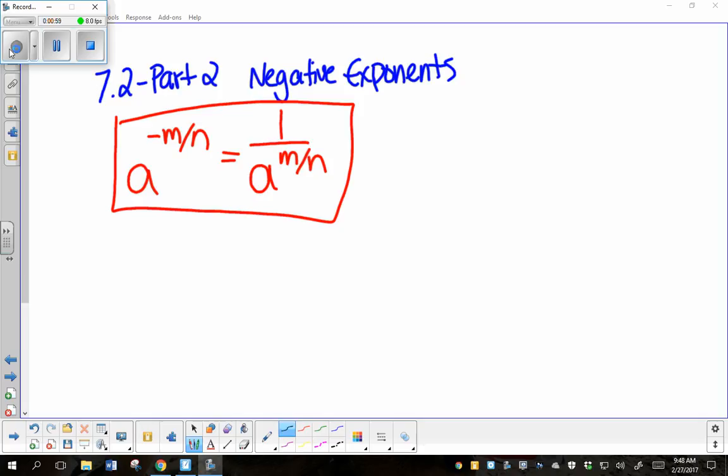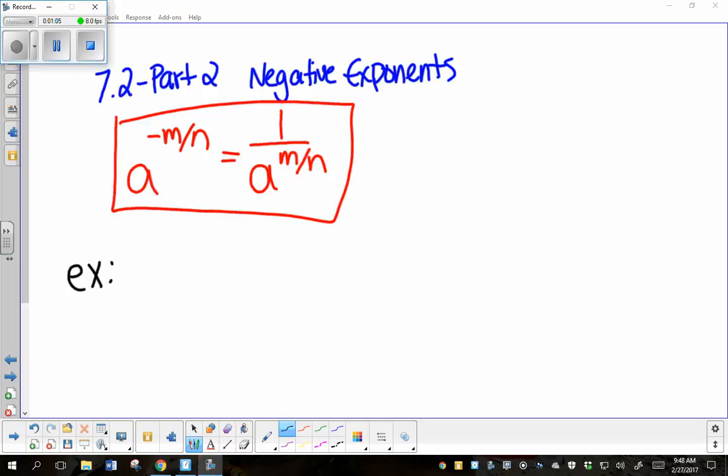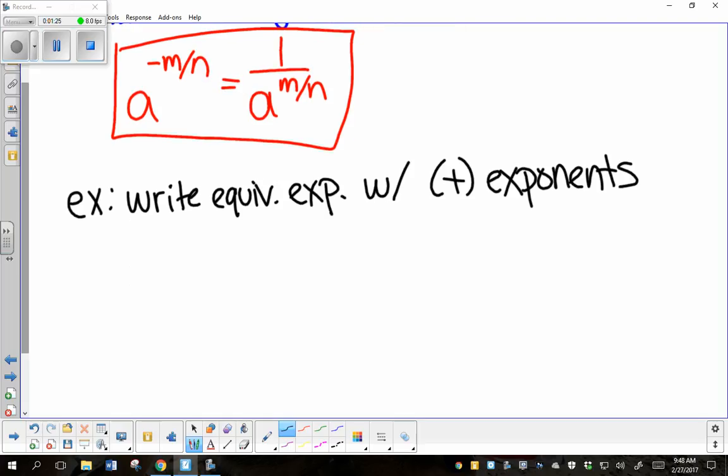So our first example, we are going to write an equivalent expression with positive exponents. Sorry, I'm using a lot of shorthand here. An equivalent expression with positive exponents. And then we want to simplify if possible.